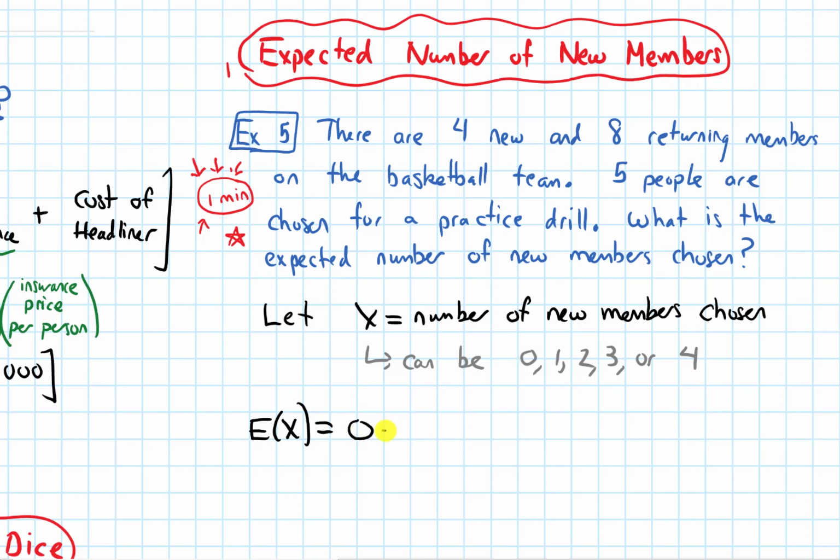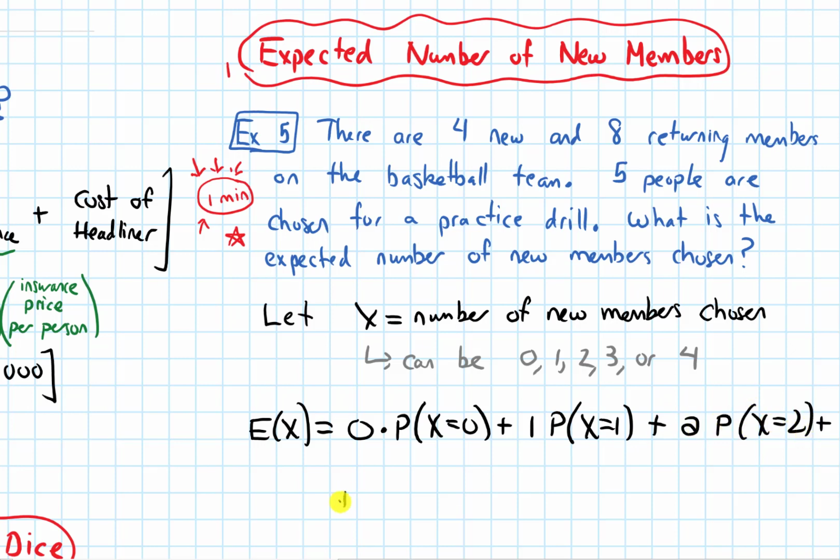I'll multiply that by the probability that x is 0, that we have 0 new members chosen, plus the next value, which is 1, times the probability that x is 1, and then plus 2 times the probability that x is 2, plus 3 times the probability that x is 3, and then finally plus 4 times the probability that x is 4.